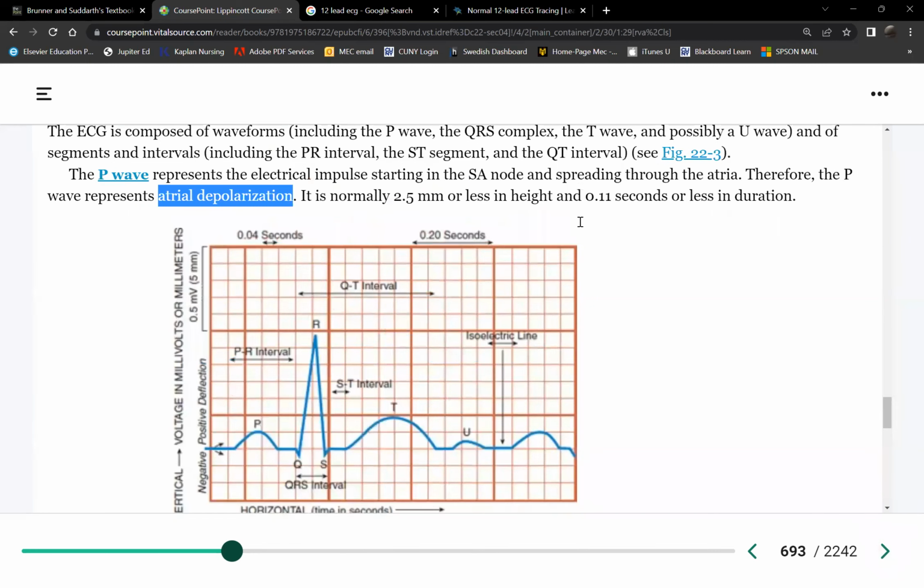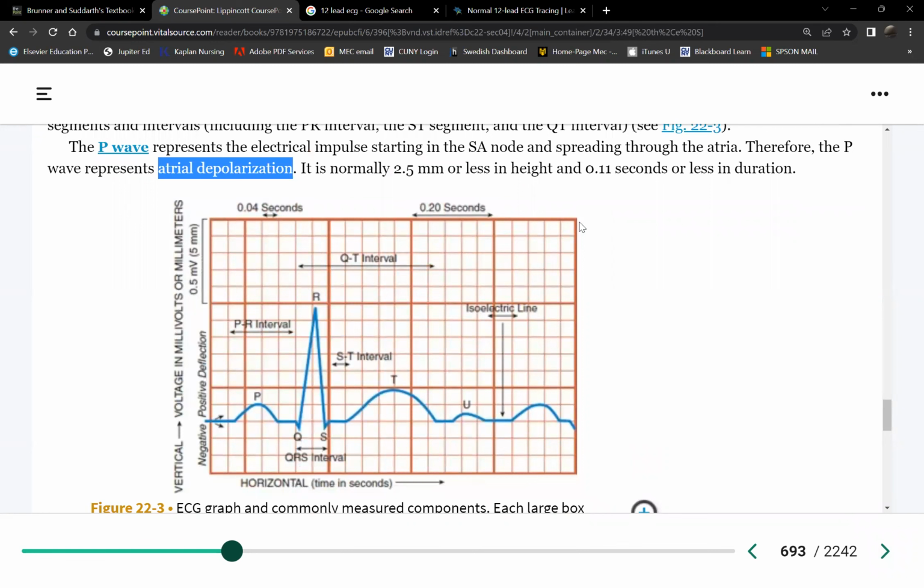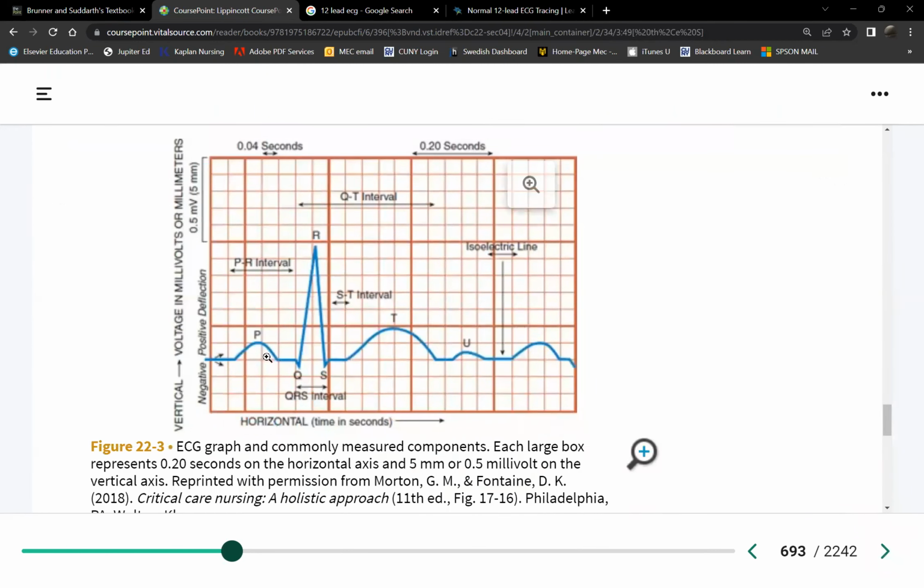So what happened during the P wave? When I see a P wave, what's happening here? What's contracting? Both atria are contracting. So is it good to see a P wave? Yes, I want to see a P wave.